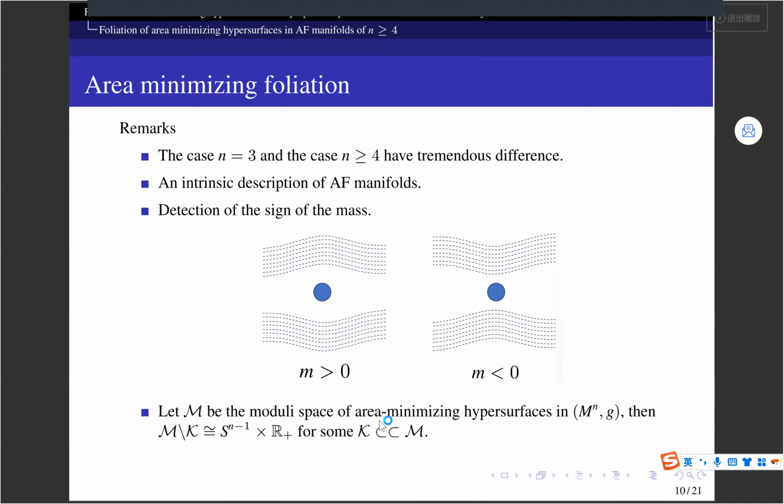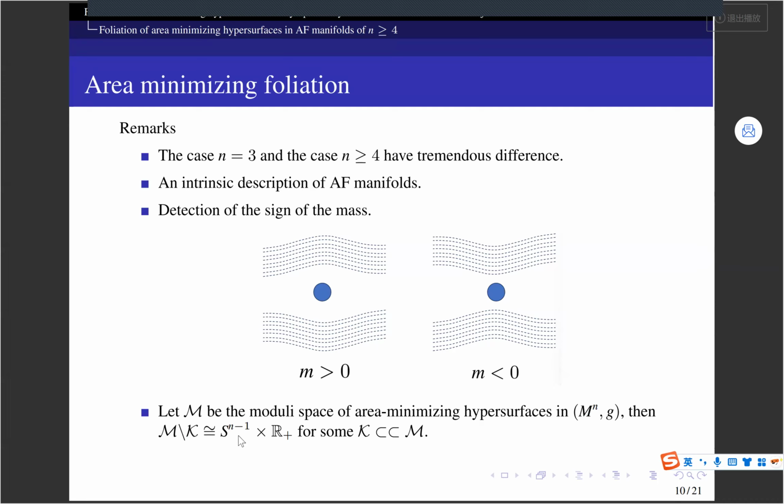And another point is that from the foliation structure, you can see that the moduli space structure of area minimizing hypersurfaces in a higher dimensional AF manifold is well understood outside a compact set. You can show that if we use M to denote the moduli space of area minimizing hypersurfaces in (M,g), then this moduli space must be diffeomorphic to S^{n-1} times the half line.